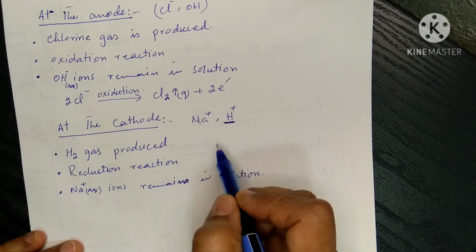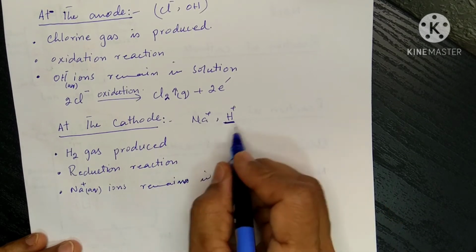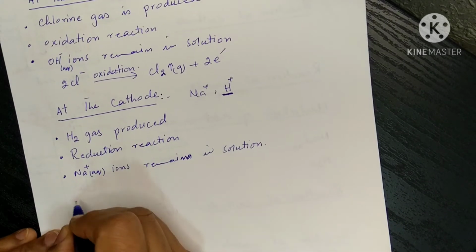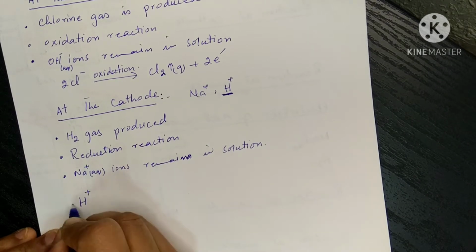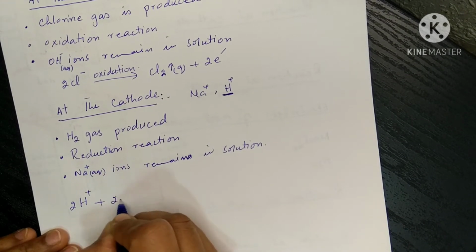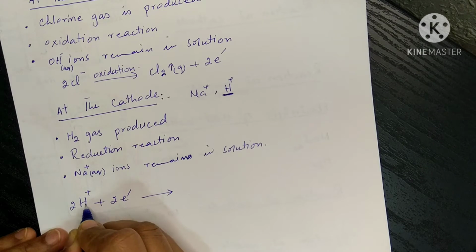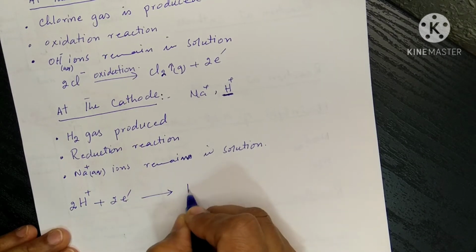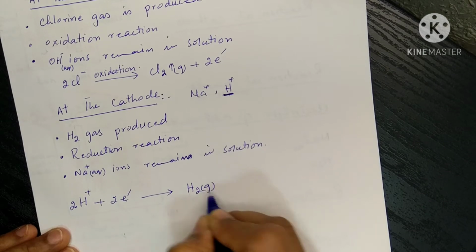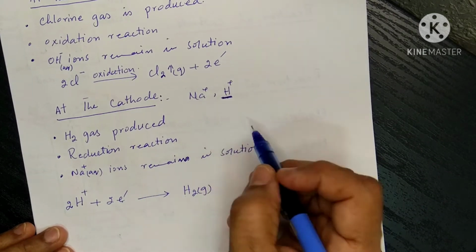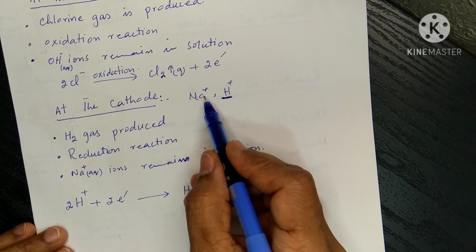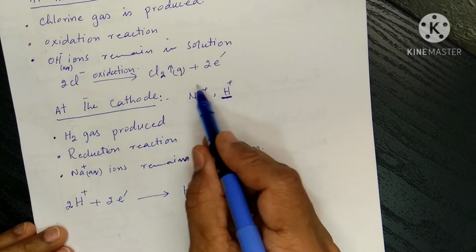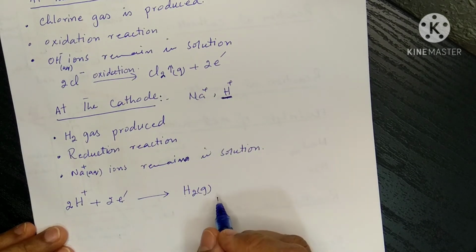At the cathode there will be a reduction reaction, and hydrogen gas will be produced. The reaction will be like this: hydrogen ions gain 2 electrons. Each hydrogen ion gains 1 electron, so 2 hydrogen ions gain 2 electrons, converting to hydrogen gas. And the sodium ions remain in the solution.